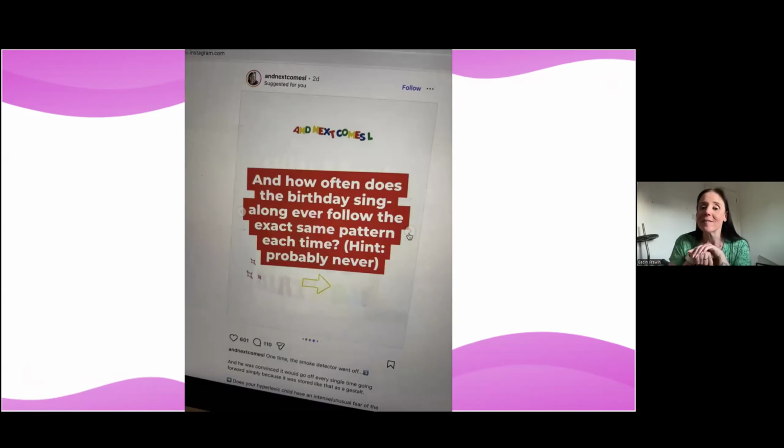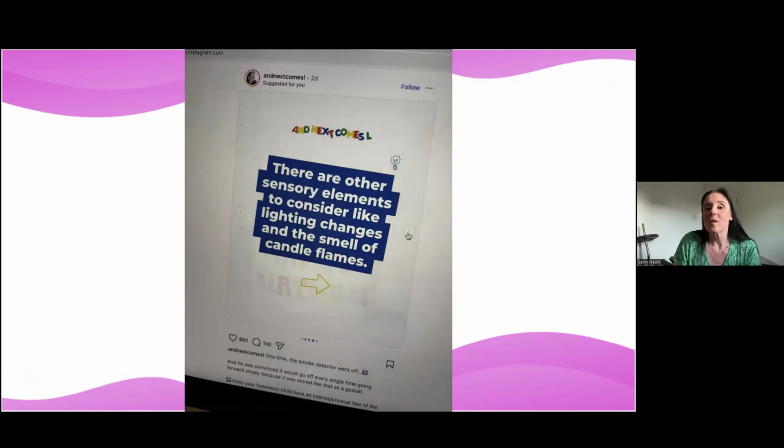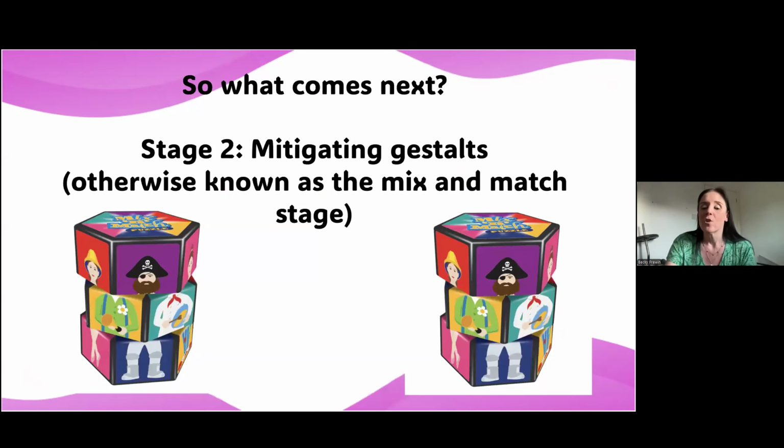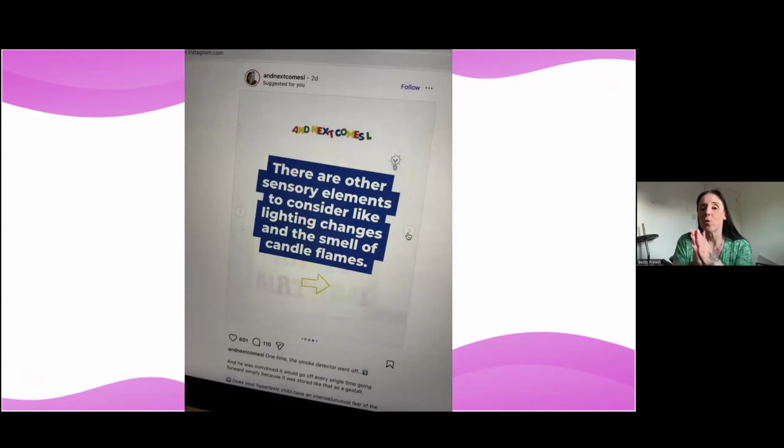And how often does the birthday singalong ever follow the exact same pattern each time? Probably never, unless you're playing it off a pre-recorded version. There are also other sensory elements to consider, like lighting changes, the smell of the candle flames, all of that. So it's well worth thinking about in your setting.